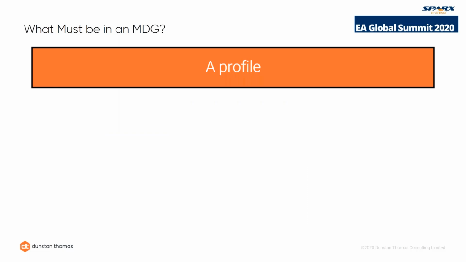What you must have in an MDG, no MDG can realistically work without a profile. However, you could create an MDG just to disseminate some common information to people, where we can have a look at the optional extras a little bit later to see how you could do that. But essentially, if you're using something like a Metamodel, you must have a profile.